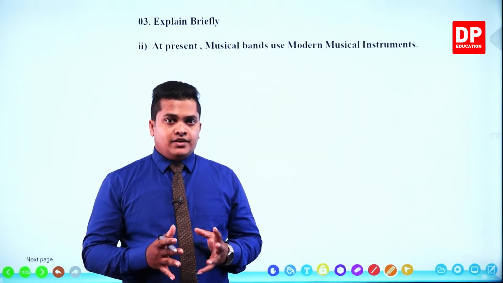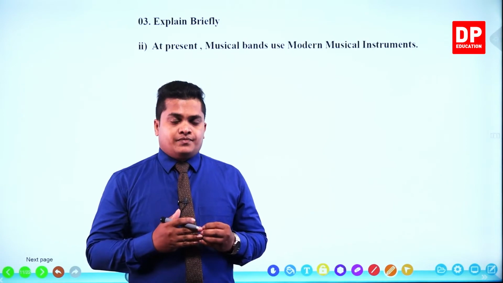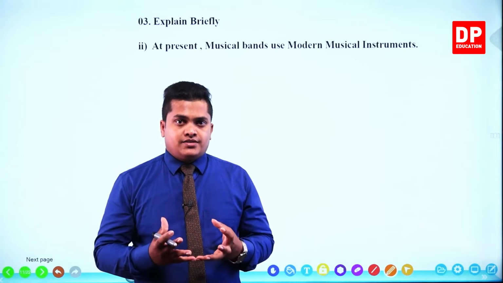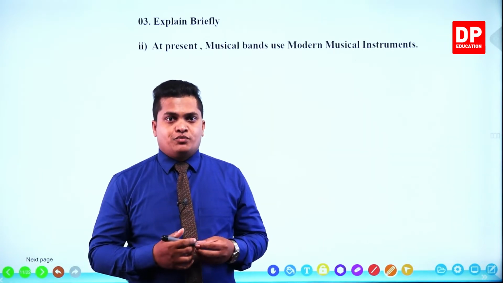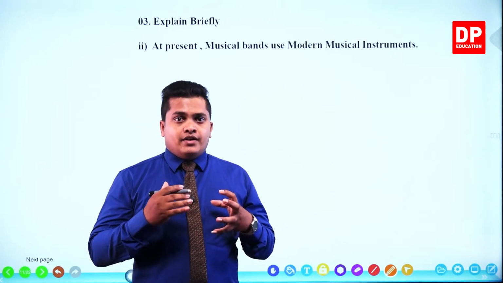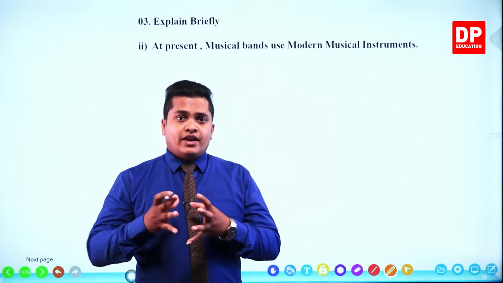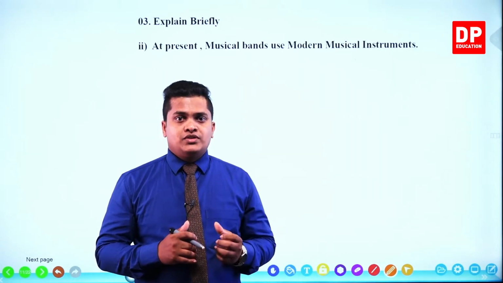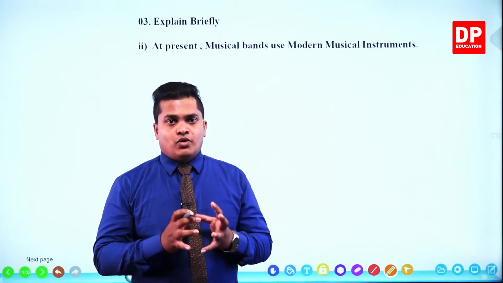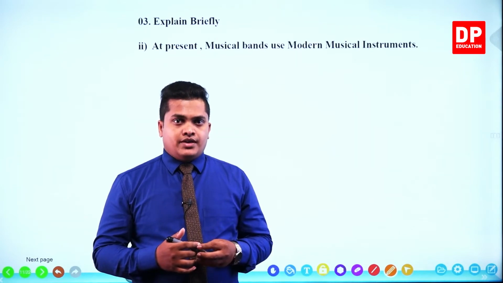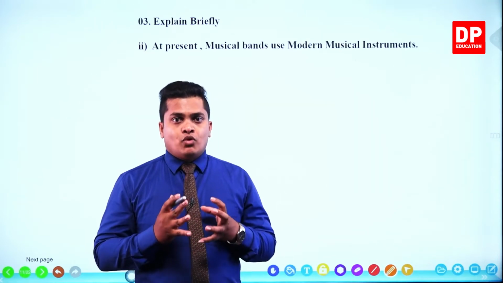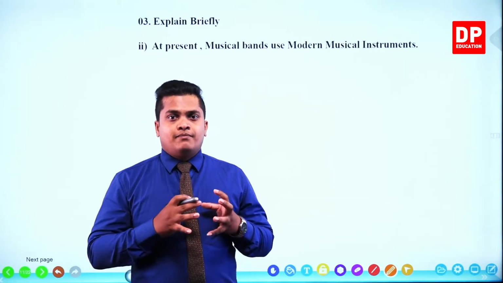It's because they can record the sounds, and they can digitalize the sound emitted by the instrument, and they can play a sound which has been recorded by using those instruments. So there are different types of benefits when using modern musical instruments, right? That's why modern bands are using modern musical instruments when playing music.